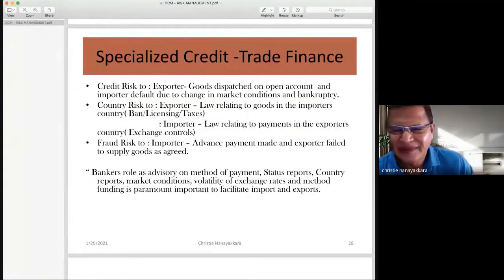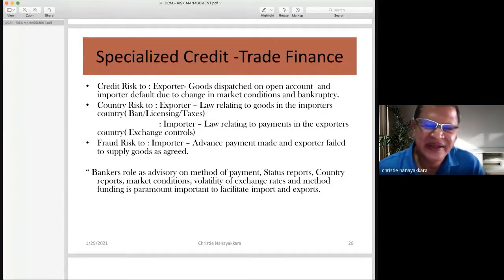Then we came to this last slide. This is where we stopped last time, and I spoke about specialized credit, because when you look at businesses, some are engaged in import and export, and there are inherent risks in that.